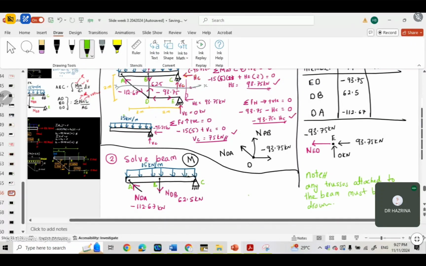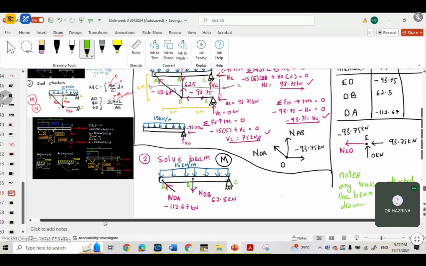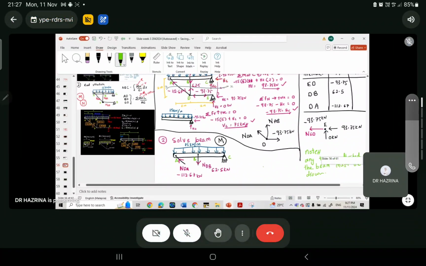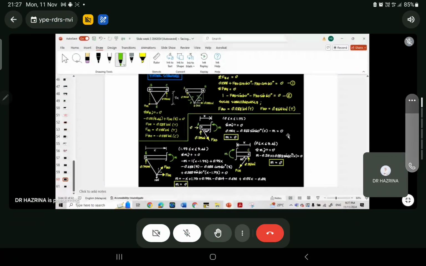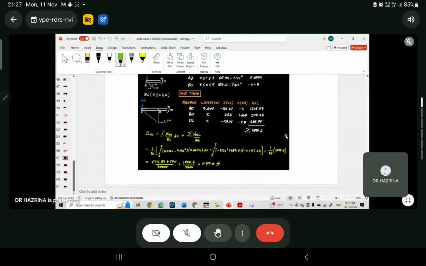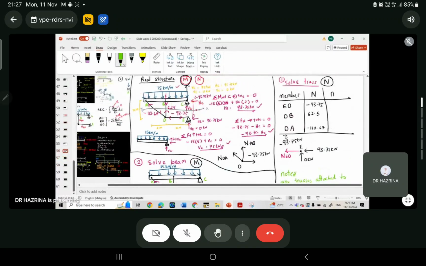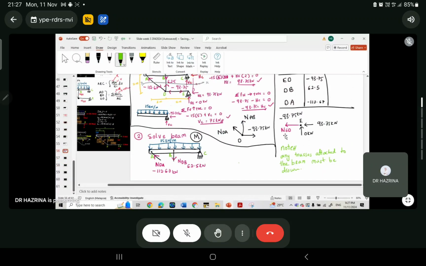Tak ada. Okay. So bila you dah calculate macam ni, then you can easily solve for your equations. Sekejap. Okay.